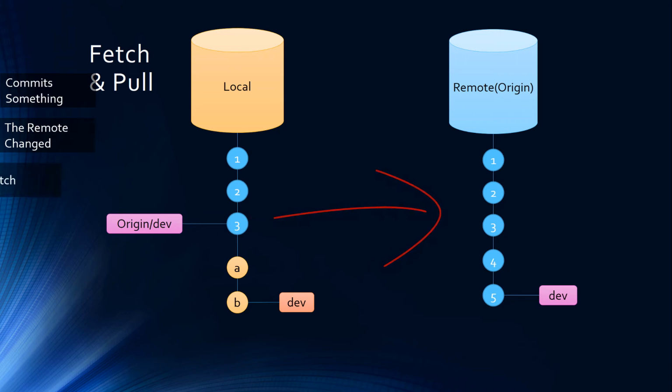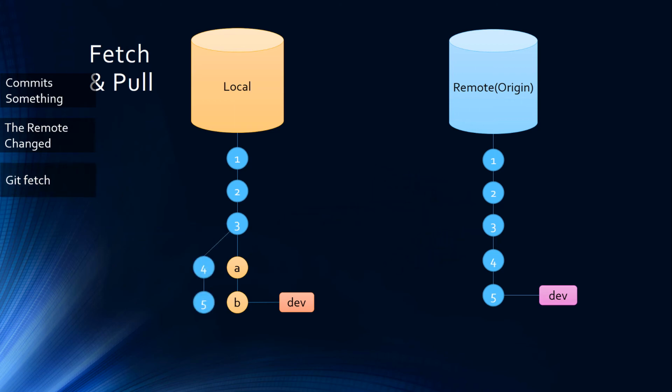You can use git fetch to fetch down all the changes on the server that you don't have yet. Now you can see that the origin-dev branch in your local repository changed. It points to commit 5 that was just synced by the fetch command from the remote server.